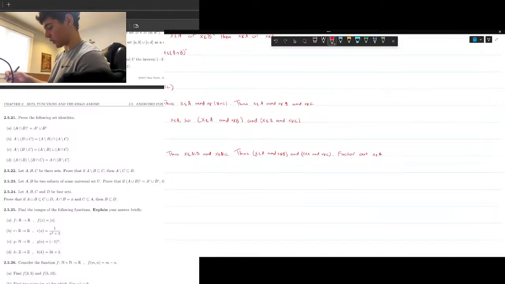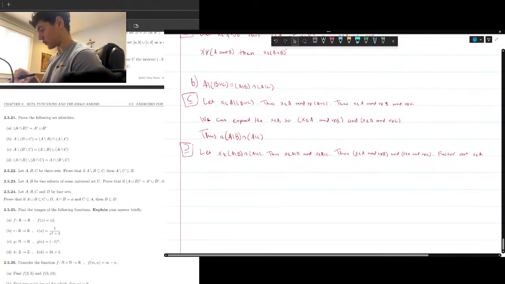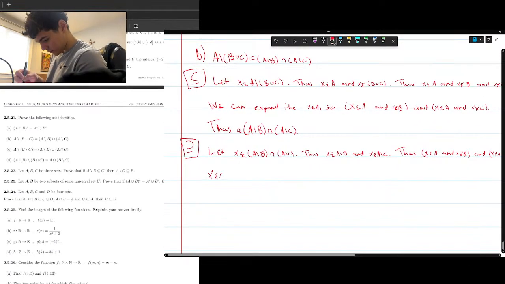I don't know if you can factor out like this. Like above, I said simple, I said expand the X in A. Logically, it is correct, but I don't know if you can just say it. But we'll do it anyways for now.